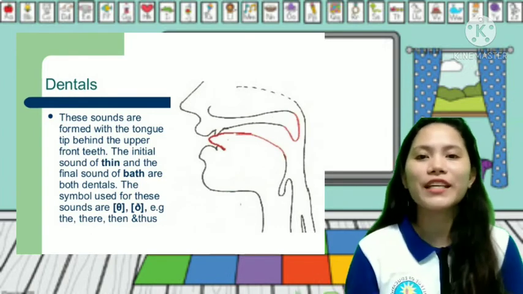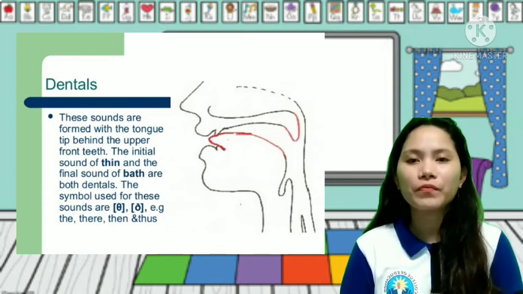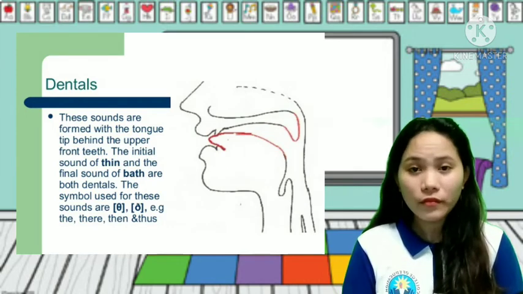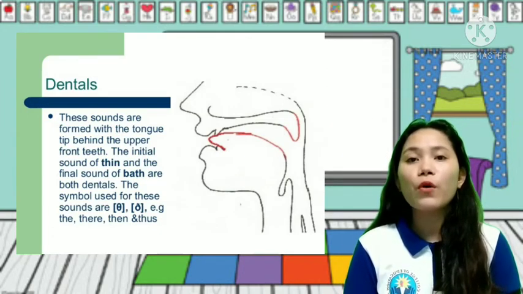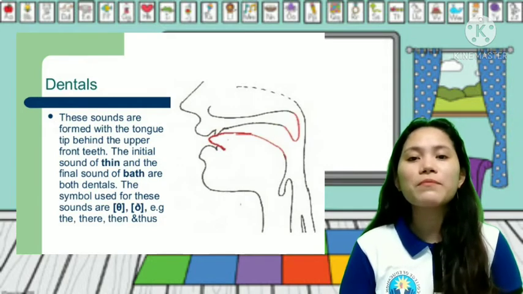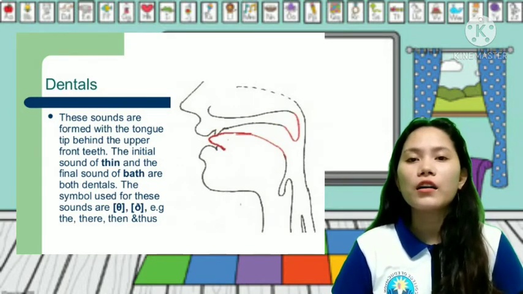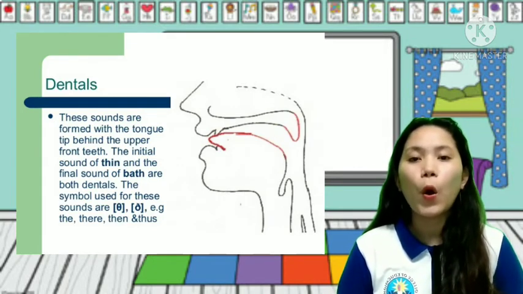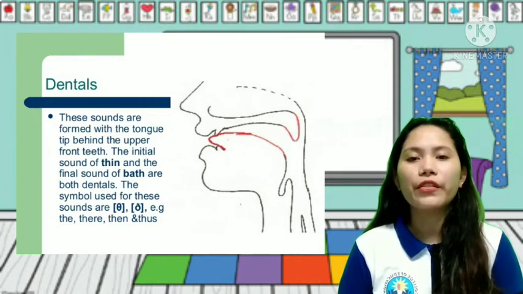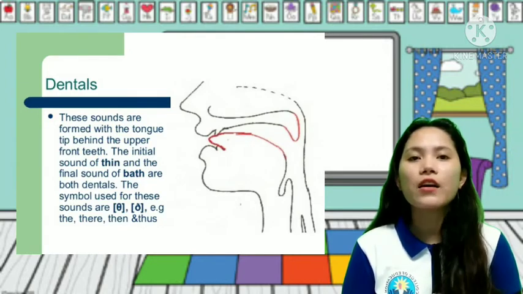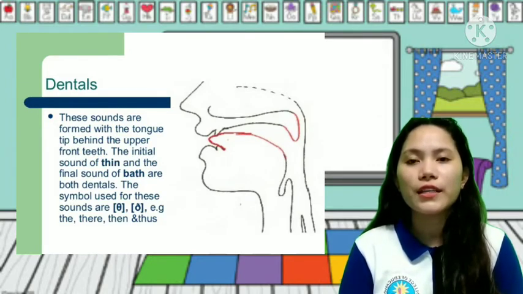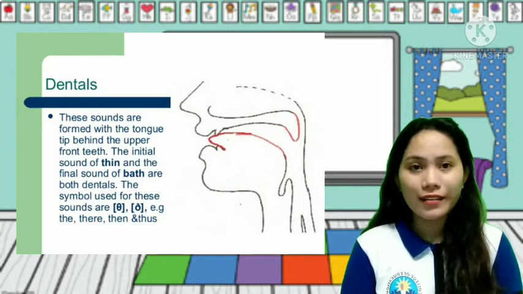The initial sound of thin and the final sound of bath are both dentals. The symbols used for these sounds are θ and ð, as in the, there, then, and thus. Those are examples of dental sounds.